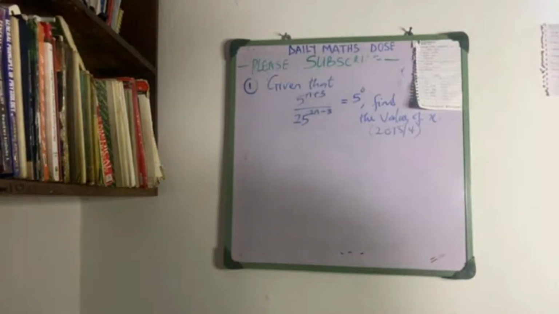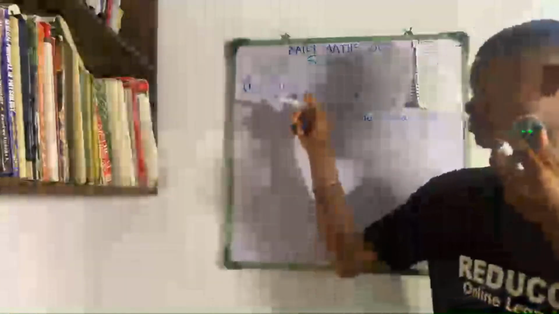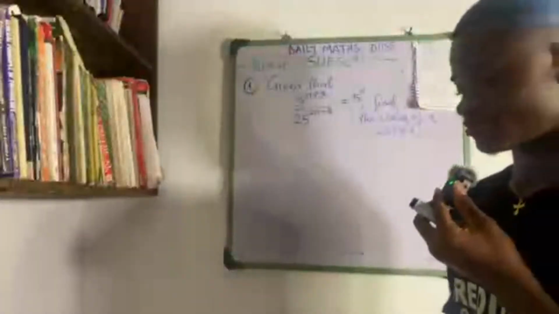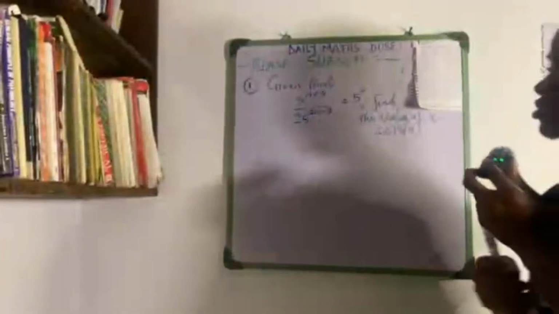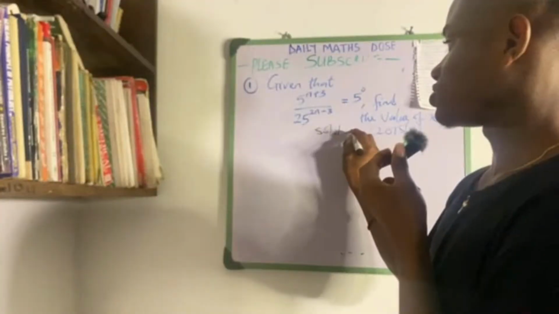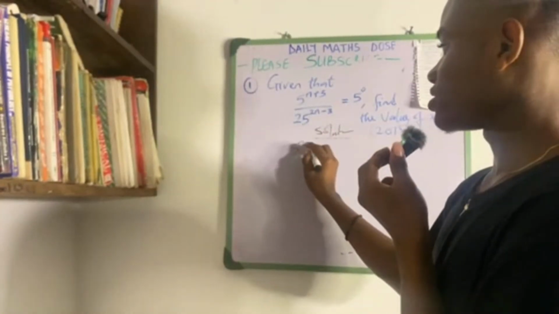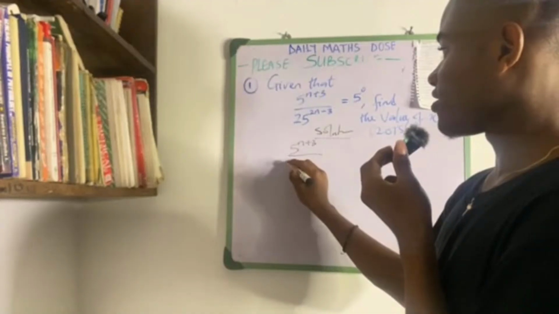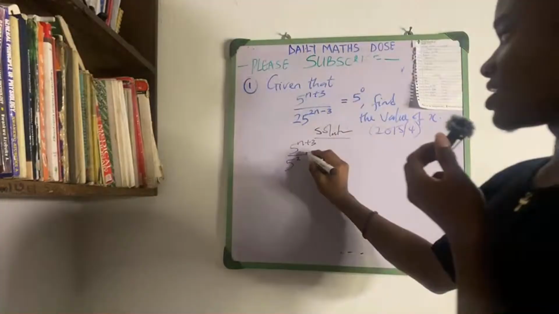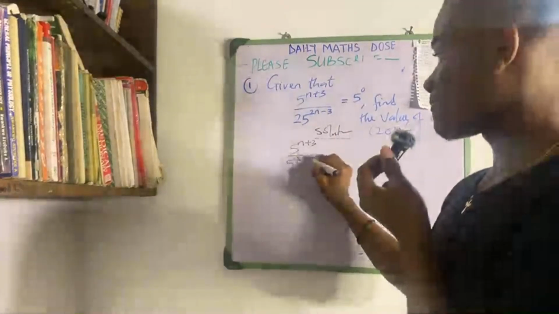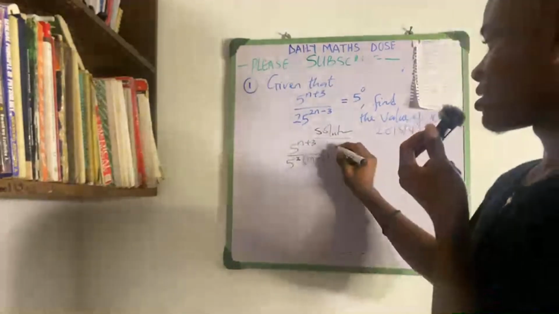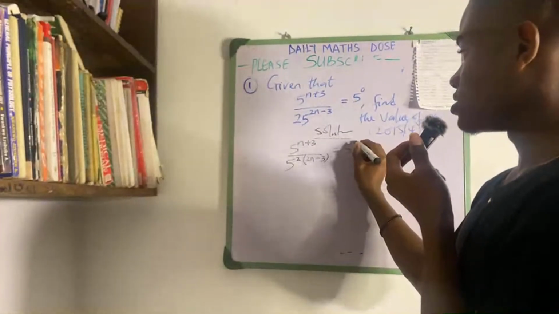If you notice, all of them are still powers of 5. So let's transform. We are going to have 5 raised to power n plus 3 all over 5 raised to power 2 into 2n minus 3, equal to 5 raised to power 0.